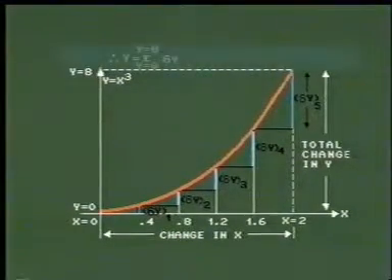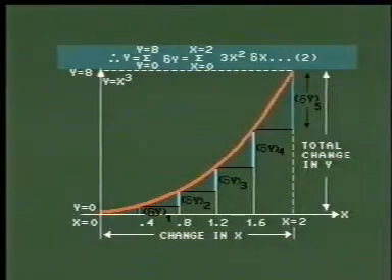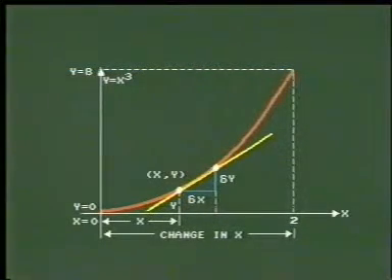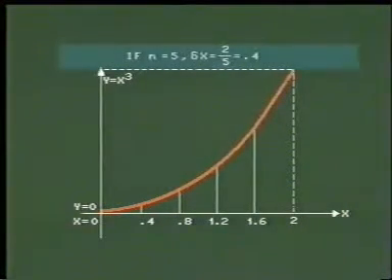Therefore, total change in y is equal to sigma delta y when y varies from 0 to 8 is equal to summation 3x square delta x when x varies from 0 to 2. If the total interval from x is equal to 0 to x is equal to 2 is divided into n is equal to 5 equal parts, giving delta x is equal to 2 over 5, which is equal to 0.4.